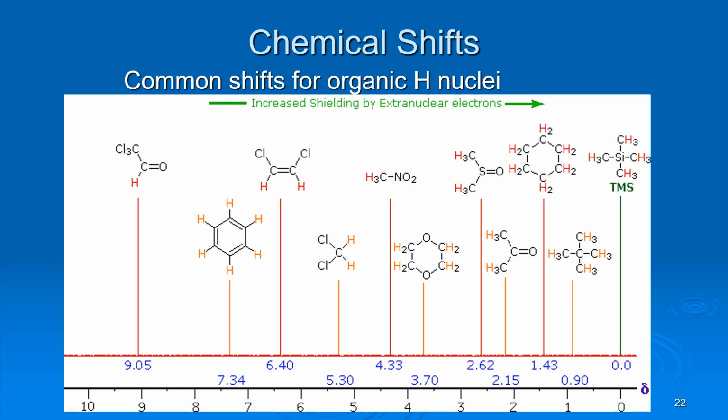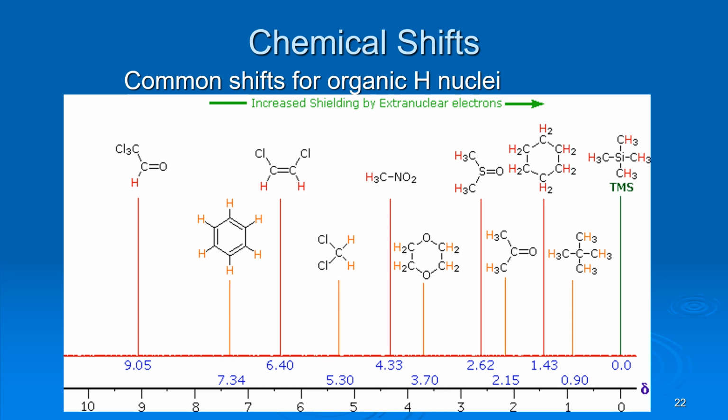If you remember early on in the previous slideshow, I talked about tetramethylsilane, which is a silicon atom with 4 methyl groups attached. And these tend to be a good 0 point. They kind of mark the end of this area. And so these hydrogens all absorb right at 0 ppm.